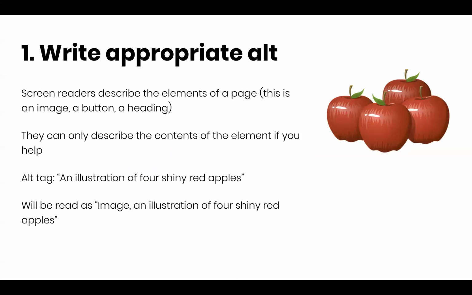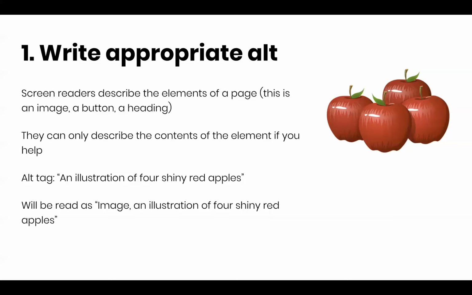So when a screen reader is looking through all of this, what happens is it'll come across this picture of apples and it'll describe it as an image, but that's it. So if it's important information in that picture, you need to describe it, so then that way they can envision it as well. When you're thinking about how to write a good alt tag, think about how you would describe that image to a friend.